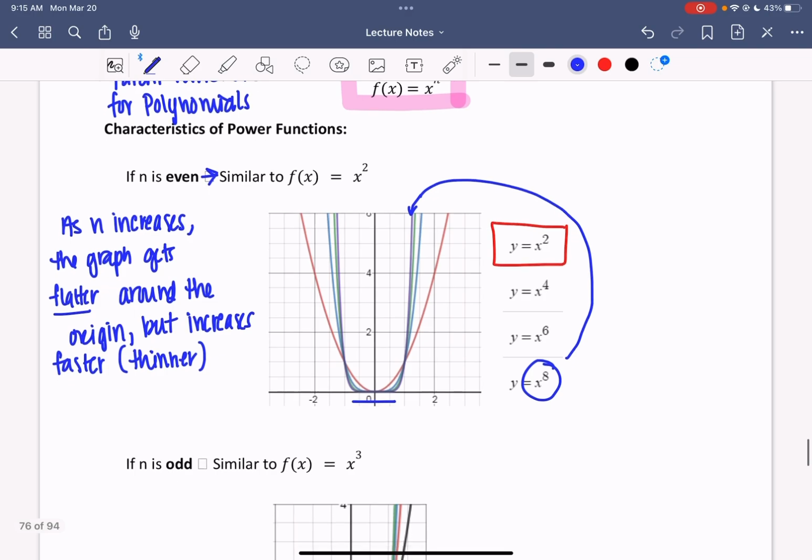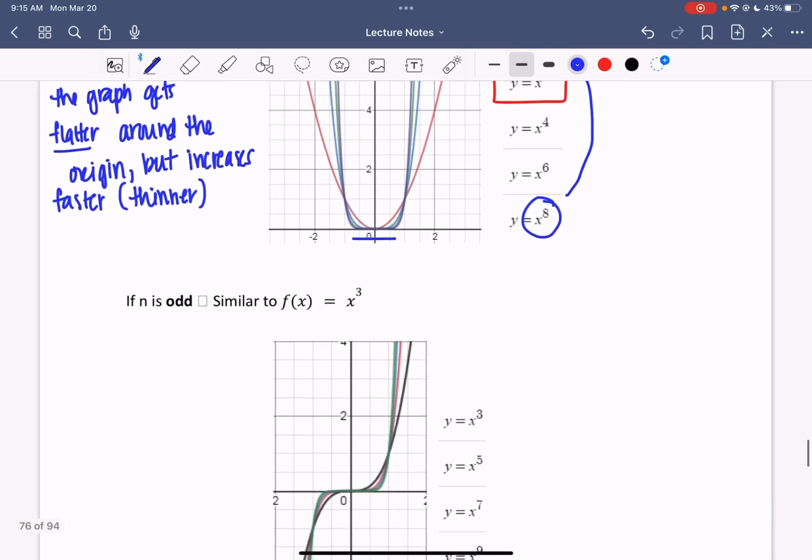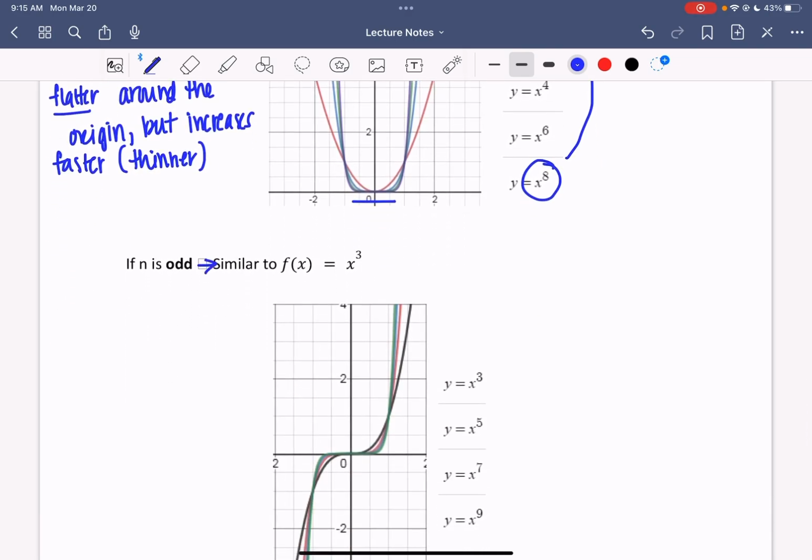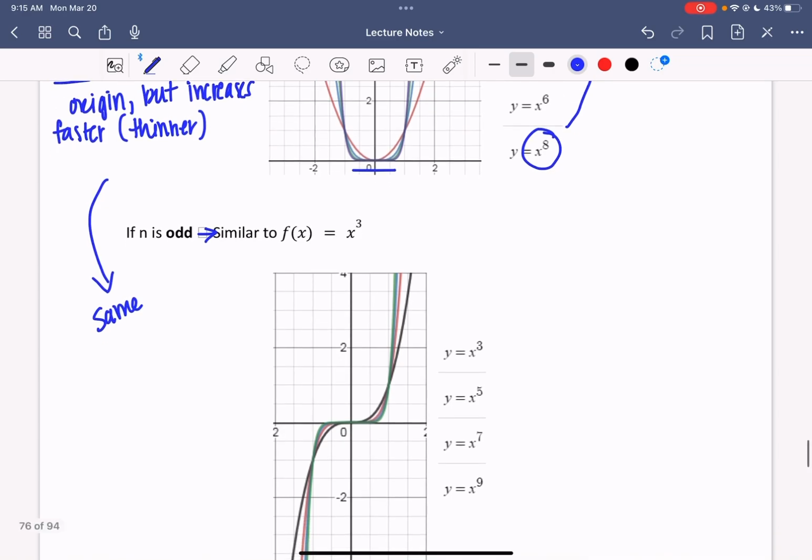Now what's going to happen when we look at the odd one? Well, your odd one is very similar to an x cubed. And the same thing is going to happen down here. So you can see you've got your x cubed there in the middle, and this is your black equation here.